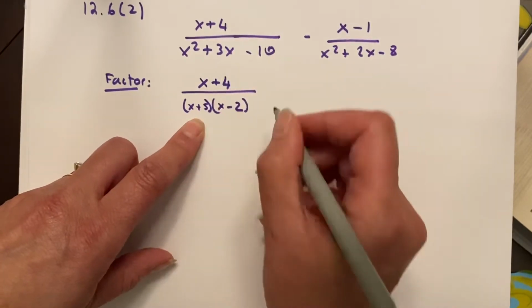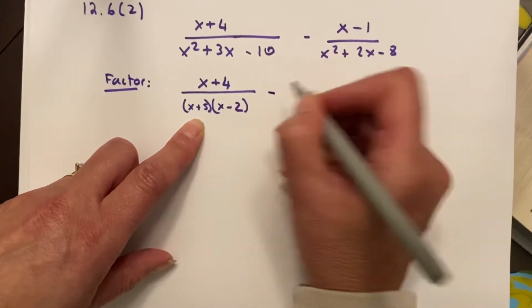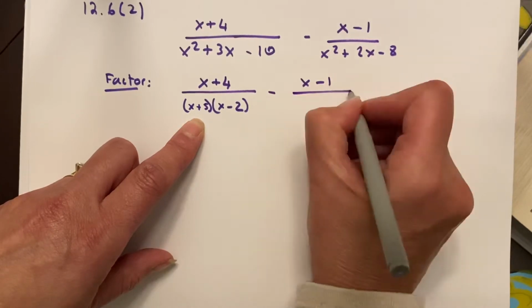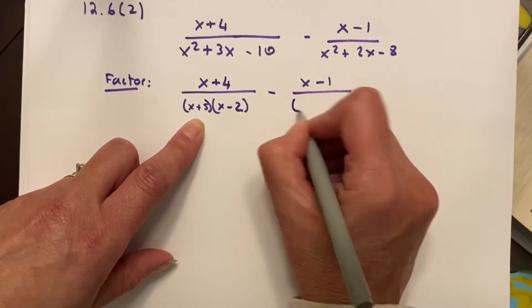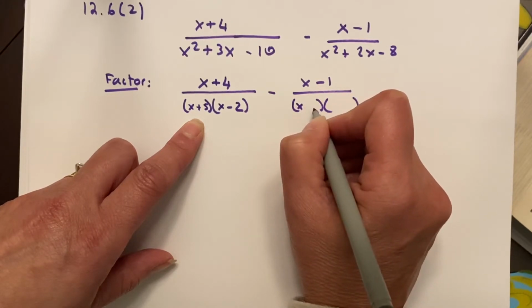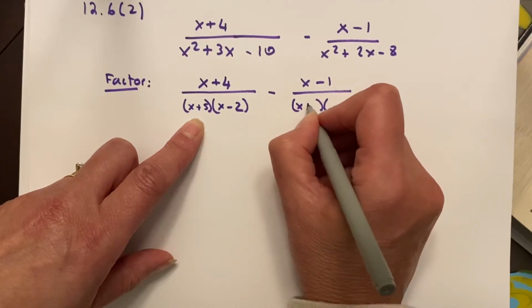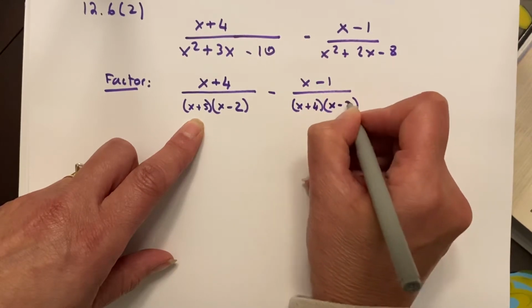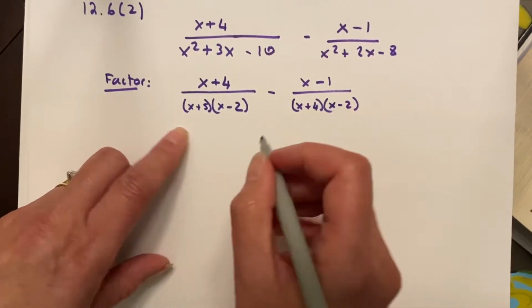Yep, that will give me plus 3x in the middle. And here, I'm going to factor the bottom and get x plus 4 and x minus 2, because that will give me 2x.